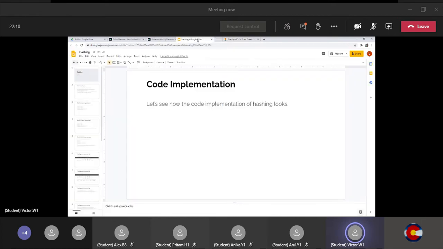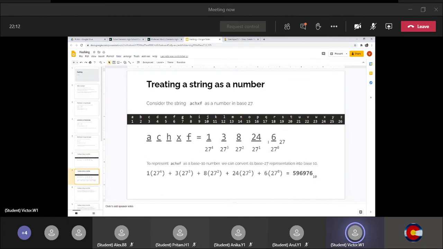Let's actually pull this example back up. If we had knocked off the 6 and then divided the rest of the number by 27, that would reduce all these exponents by 1. You would have 27 to the third, then 27 to the second, 27 to the first, 27 to the 0. So if we just subtract off this last digit and divide the rest by the base, that's essentially getting rid of this last digit.